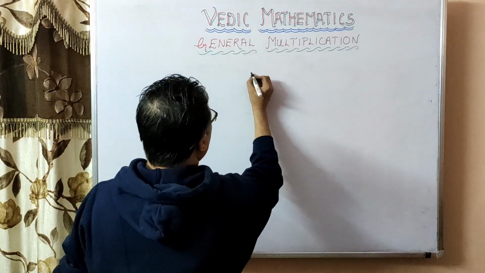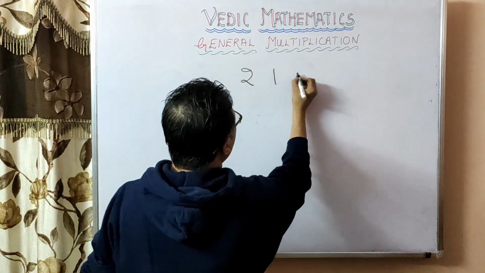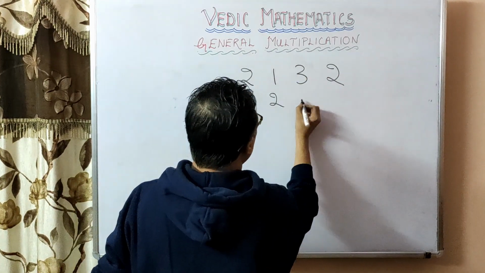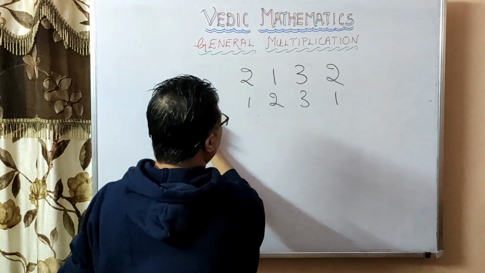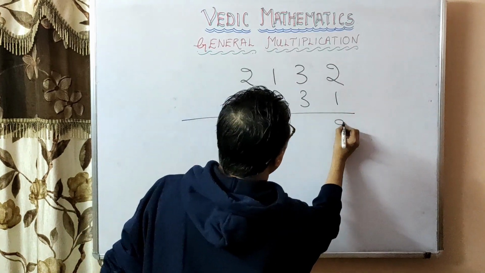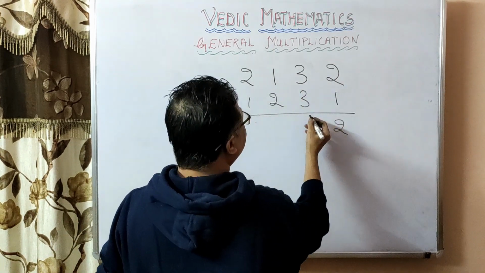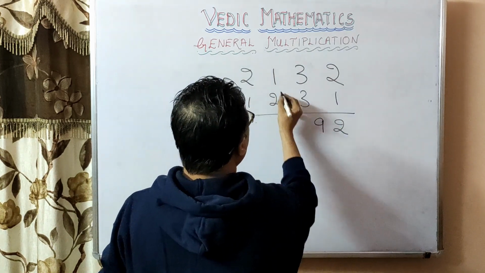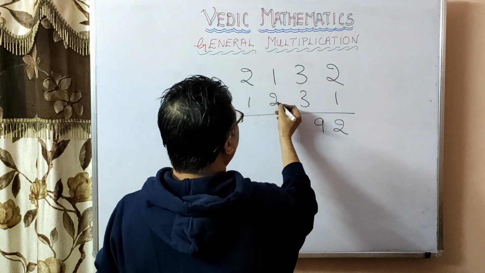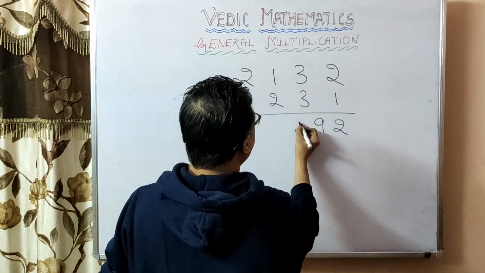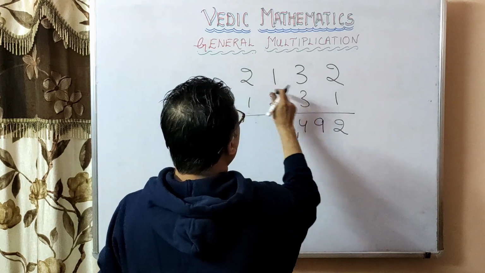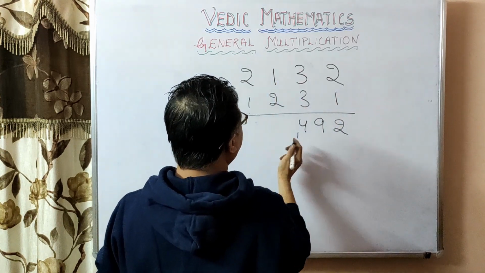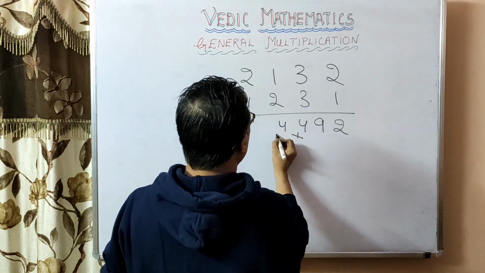For example, now you have to multiply 2, 1, 3, 2 with 1, 2, 3, 1. So, 2 ones are 2, 3 ones are 3 and 3 twos are 6. This is 9. 1, 4, 5 and 9. 9 and 5 is 14. 2 and 2 is 4. 3, 7. 7 and 6 is 13. 13 and 1 is 14.